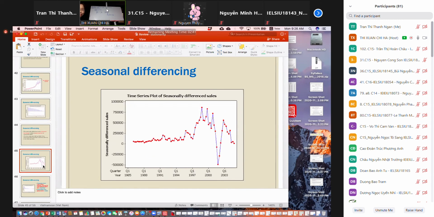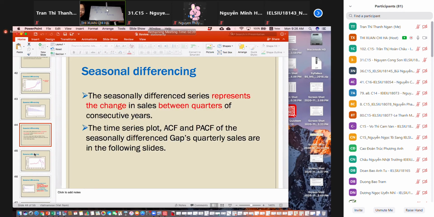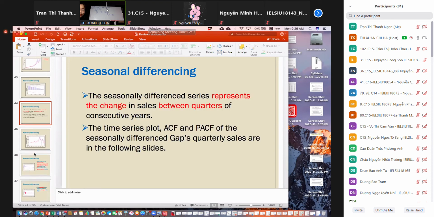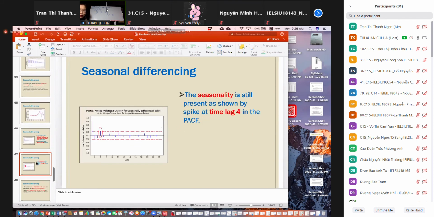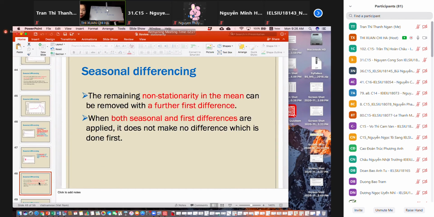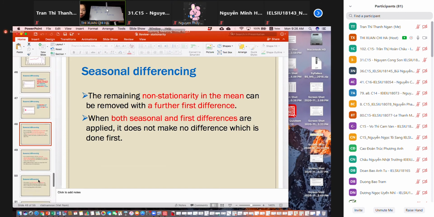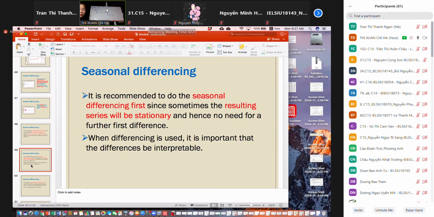Okay. So for seasonal difference, you also do the first and the second, that is okay.